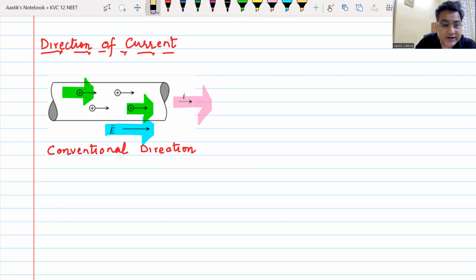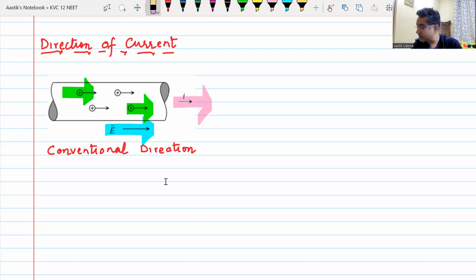But actually, current is not the flow of positive charges because positive charges do not flow. It is actually the negative charges that flow. So the actual direction of current is actually the direction of negative charges' flow, but we do not take it as a direction. We'll always take direction of current as the direction of flow of positive charges.